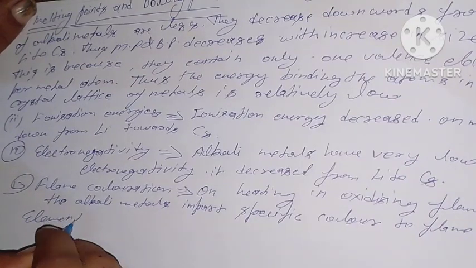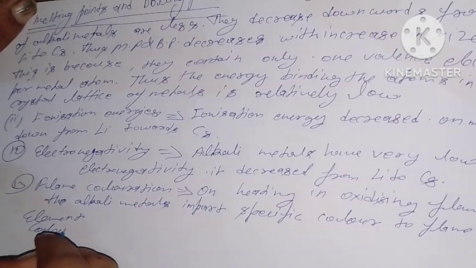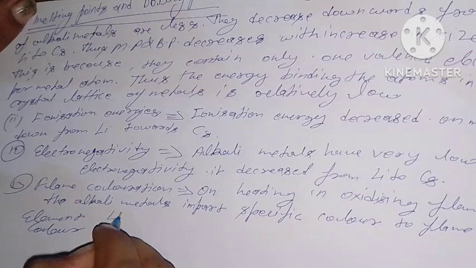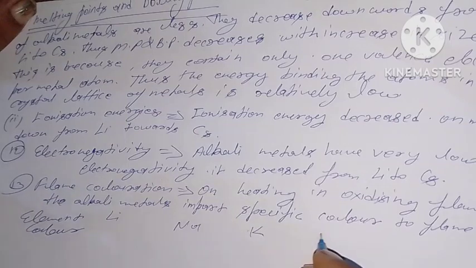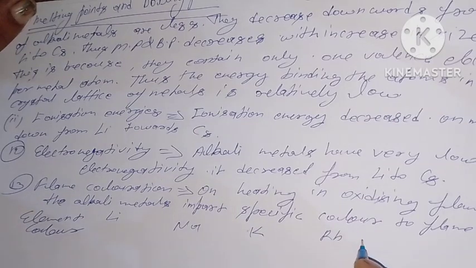Element and color: lithium, sodium, potassium, rubidium and cesium.